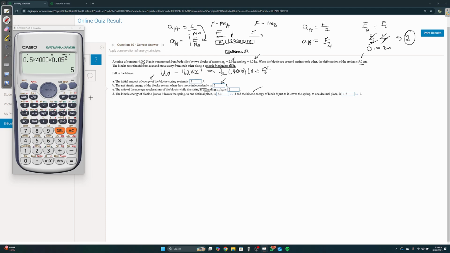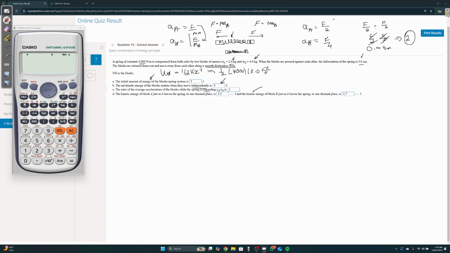The kinetic energy of block A, just as it leaves the spring, to one decimal place, is how much? For part D, it's a bit trickier, but it took me a while to solve, and I finally figured it out. Basically, you can actually find the accelerations of A and B, because when they leave, they accelerate.